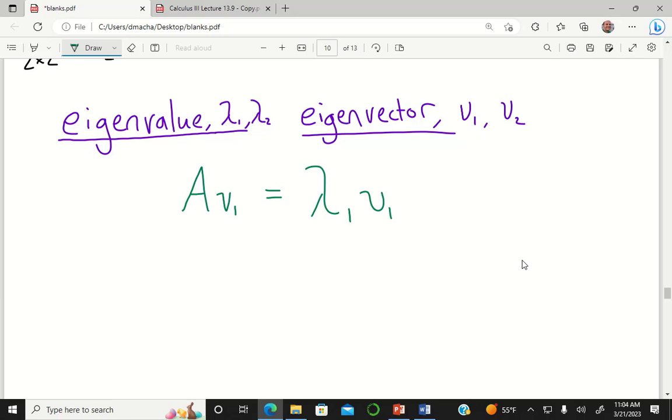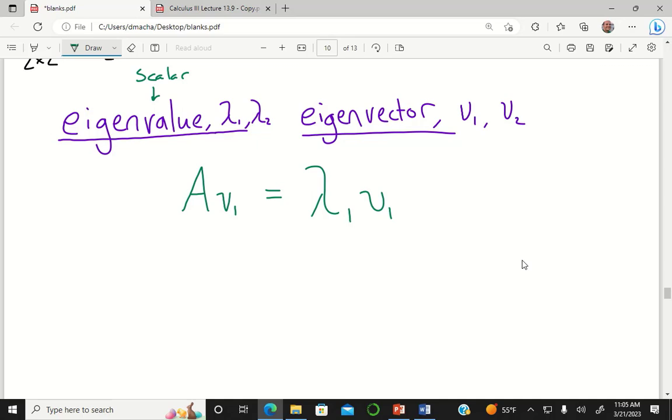So this would be a two-dimensional vector, or a vector with 2 entries. And then on the right side, this is a scalar, because that's an eigenvalue. A scalar times a vector, and so that product is also going to be a 2-dimensional vector, a vector with 2 entries.